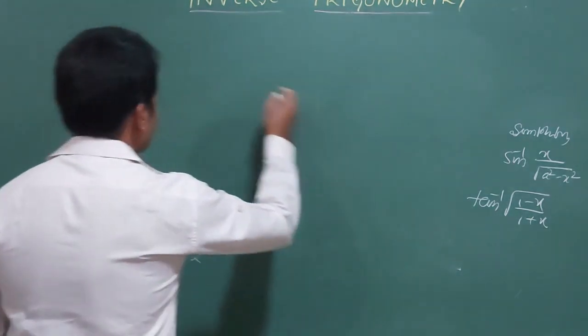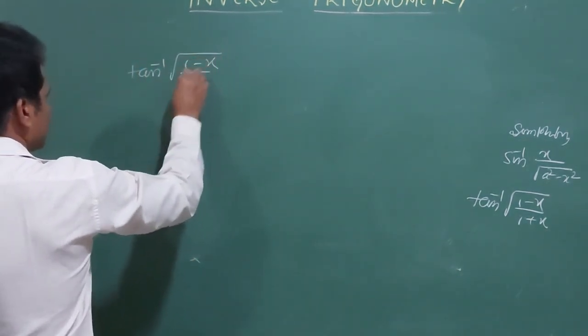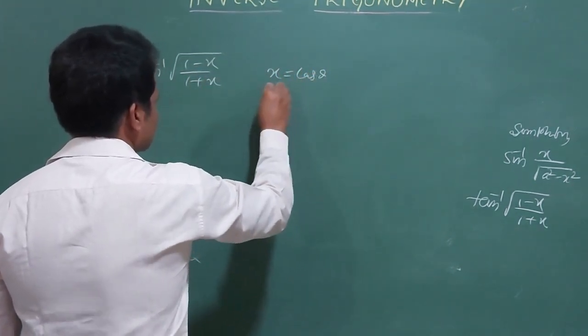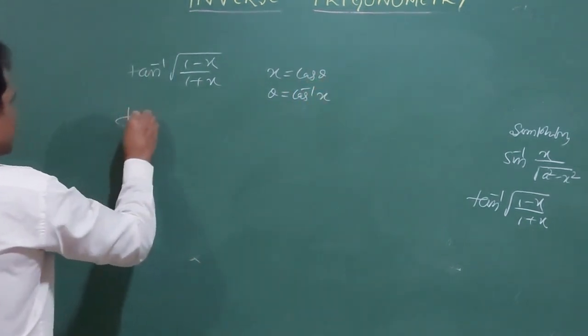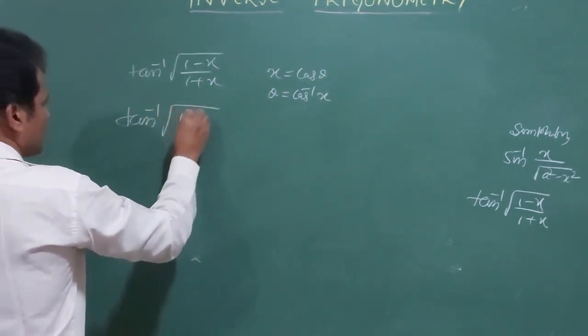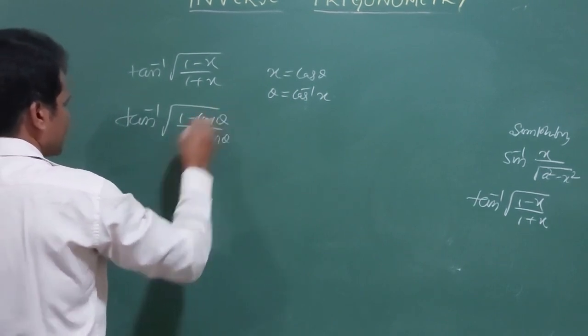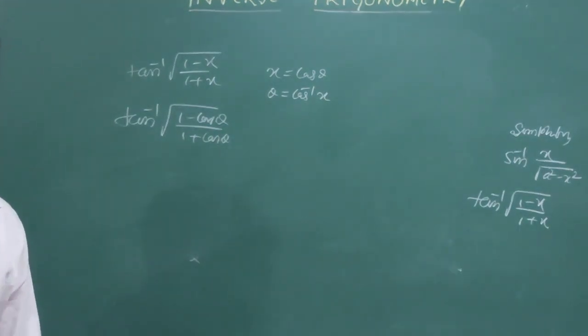So this question, tan inverse of 1 minus x by 1 plus x, assume x is equal to cos theta. Theta is equal to cos inverse x, that also we need to learn. Then tan inverse of 1 minus cos theta by 1 plus cos theta. The smart children, who can calculate mentally, directly write tan theta by 2.